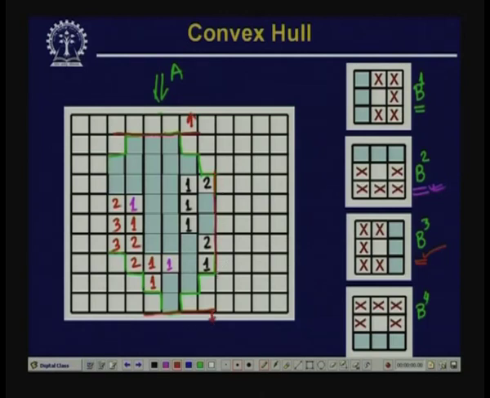Similarly, in the horizontal direction, I do not have any point beyond this. So, when I am performing these iterative steps, if I put a limit that I will not allow the region to grow beyond the horizontal and vertical dimensions of the original point set, then what I am going to get is a convex hull in the true sense, that is, it will be minimal.